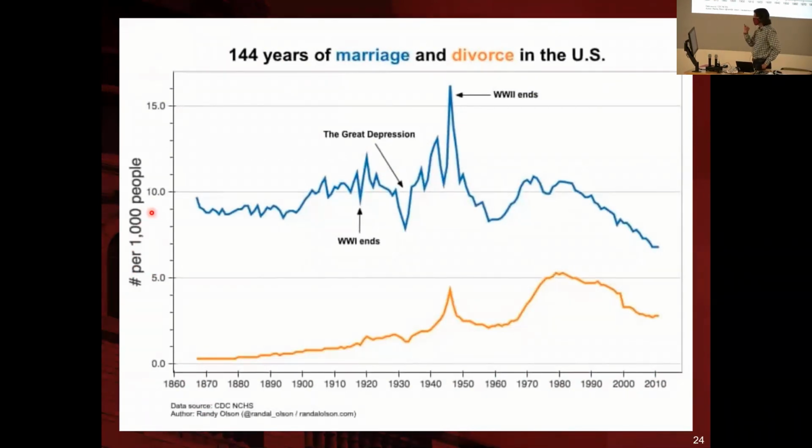And what you see when you just look at the blue line is that the trends in marriage in these 144 years in the US are really related to major economic changes that the US experienced. Right? So when World War I ends, you start to have some prosperity in the country, people tend to get married more because they can afford to have a family.